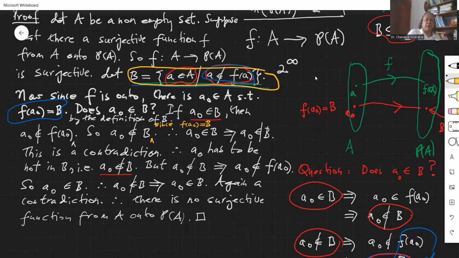And then the other case, A naught doesn't belong to B. So that implies that A naught doesn't belong to f of A naught.